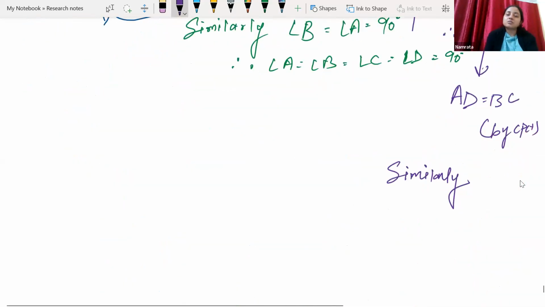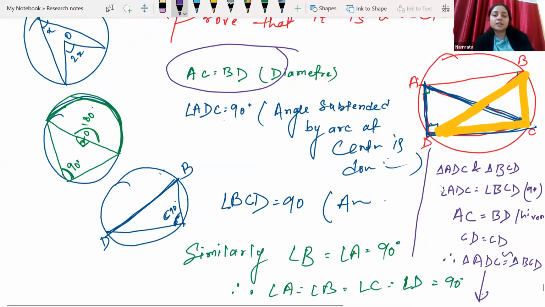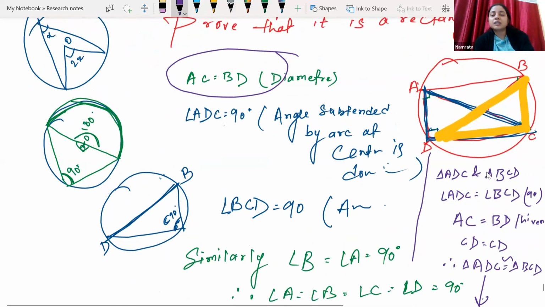What we have shown is that each interior angle is 90 degrees and we have also shown that opposite sides of this quadrilateral are of the same length, and hence these are the properties of a rectangle only, right?